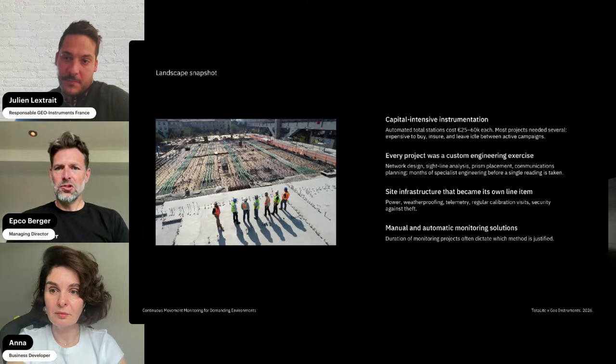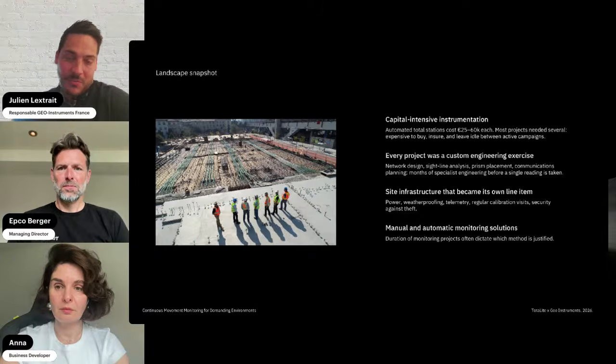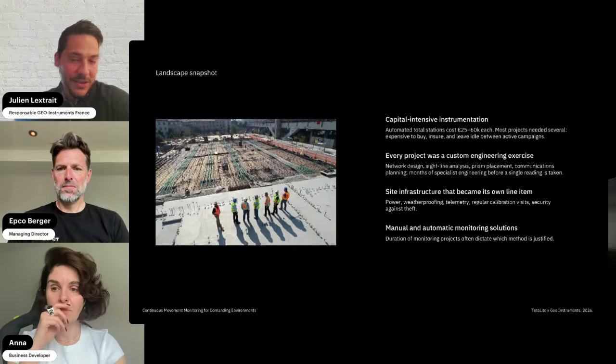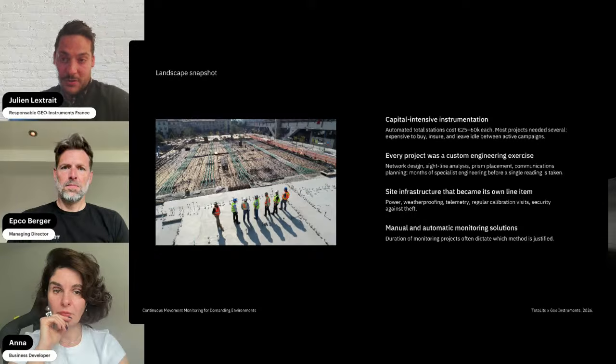To get started, Julien. Well, let's introduce the subject of I&M and automatic monitoring. This has become much more present in the past decades, and now it is expected by most big construction projects. We're expected to provide services with monitoring data, whether it's geotechnical, structural, or environmental monitoring. So there's a lot of data coming from different sources that we have to supply in a continuous manner on many projects.